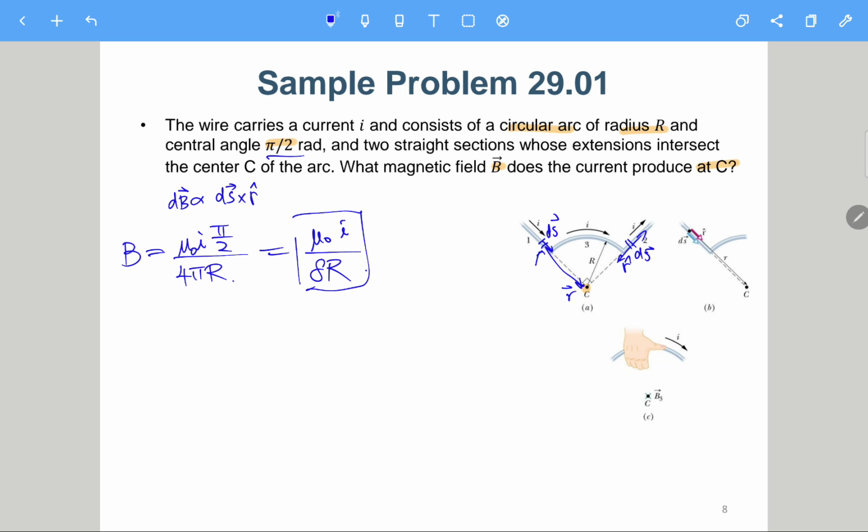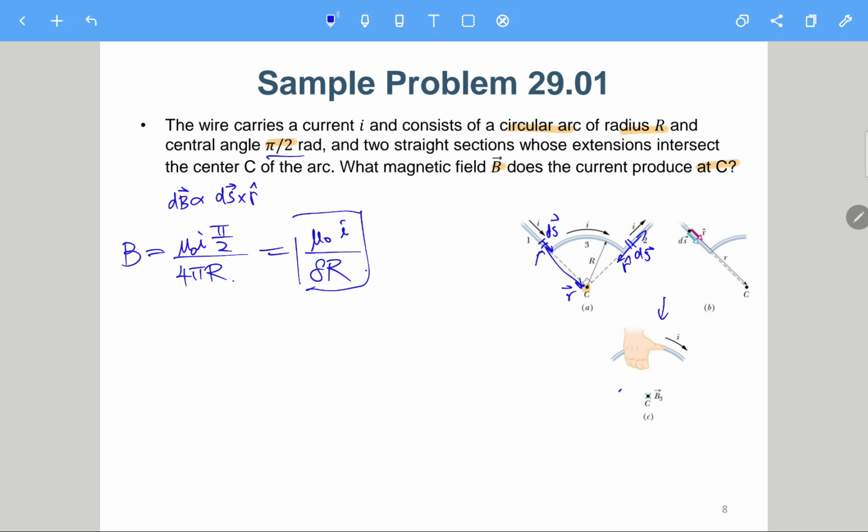When we need to determine the direction of the B field, for this graph, it works this way. You use the forefinger to follow the direction of the B field, and then your thumb will point to the direction of the current.